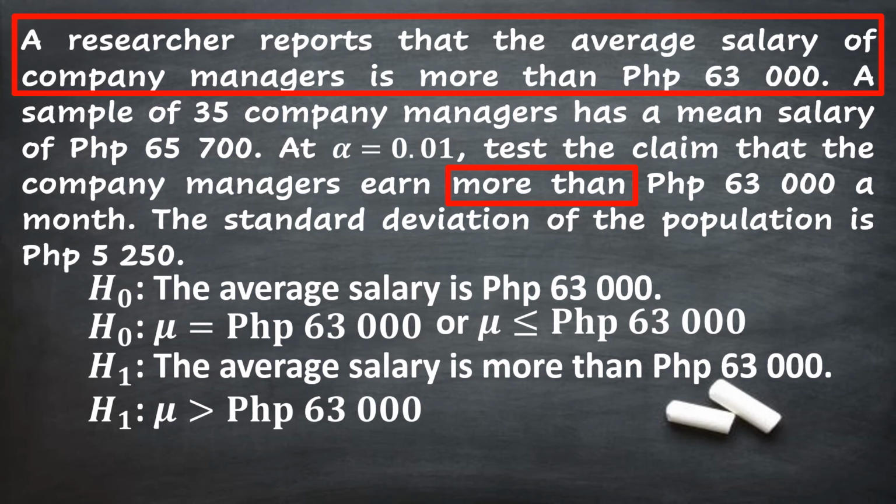How did I come up with less than or equal to 63,000 pesos? You just negate the alternative hypothesis na since you use greater than, ano ba ang opposite ng greater than? Less than. Tapos you just add equal to kasi nga po null hypothesis represents equality.